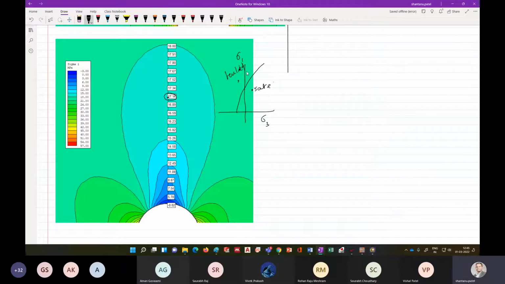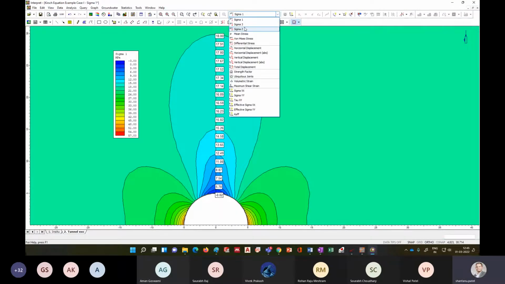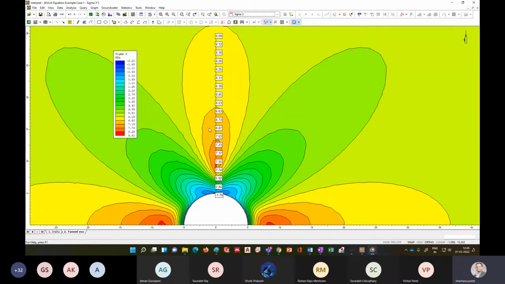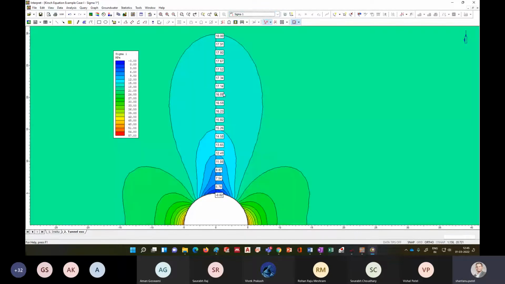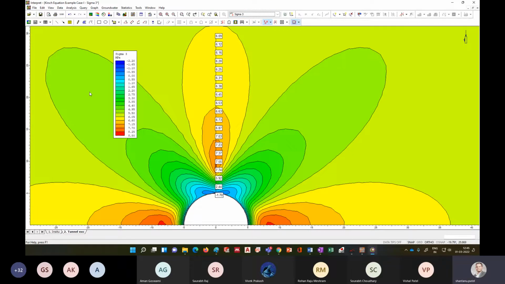Now let's see the same thing in here. This is 17.14, and if instead of sigma 1 I make it sigma 3, you see the same value has changed, but we need to note it down. Maybe it was somewhere here. From the top, the value was 17.14.